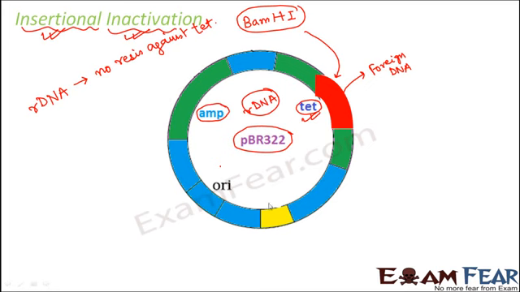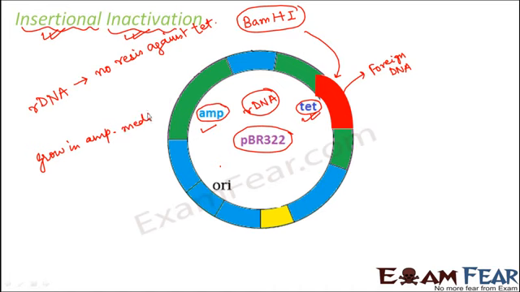So this kind of a vector or this kind of a recombinant DNA, when it enters inside a host cell, what will happen? That cell will be able to grow in an ampicillin medium because it still has resistance against ampicillin.